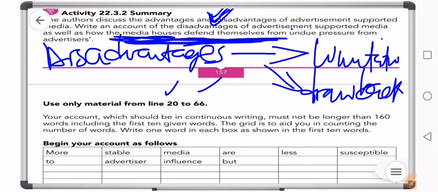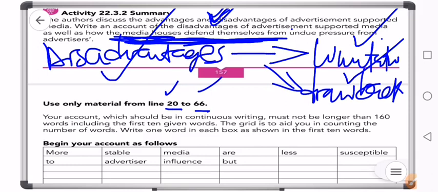So as you can see, when I read from line 20 up to 66, my focus is on the identification or nomination of limitations, drawbacks, or what you call disadvantages, or demerits.